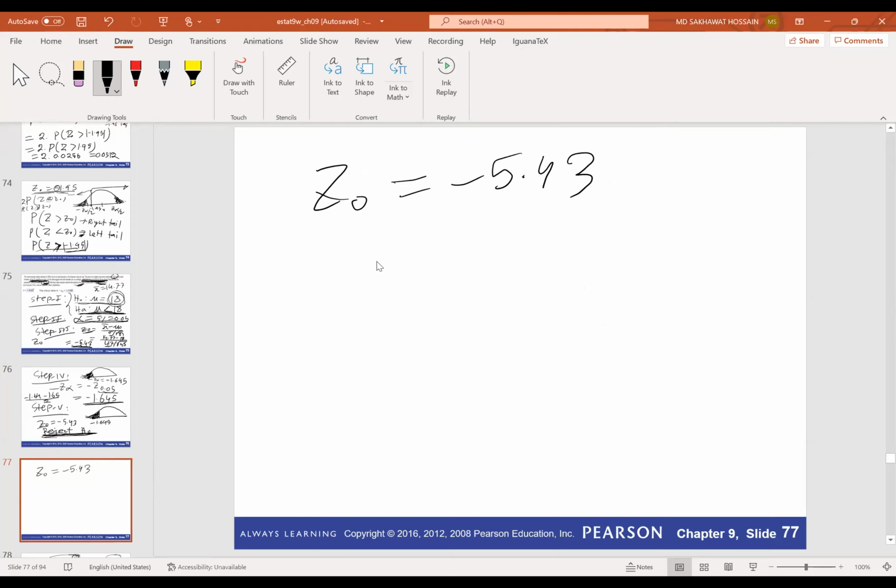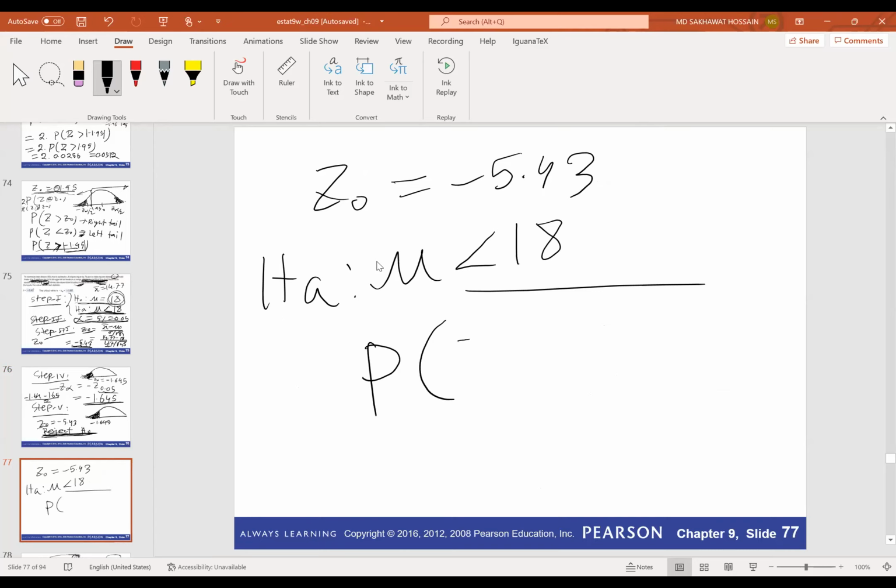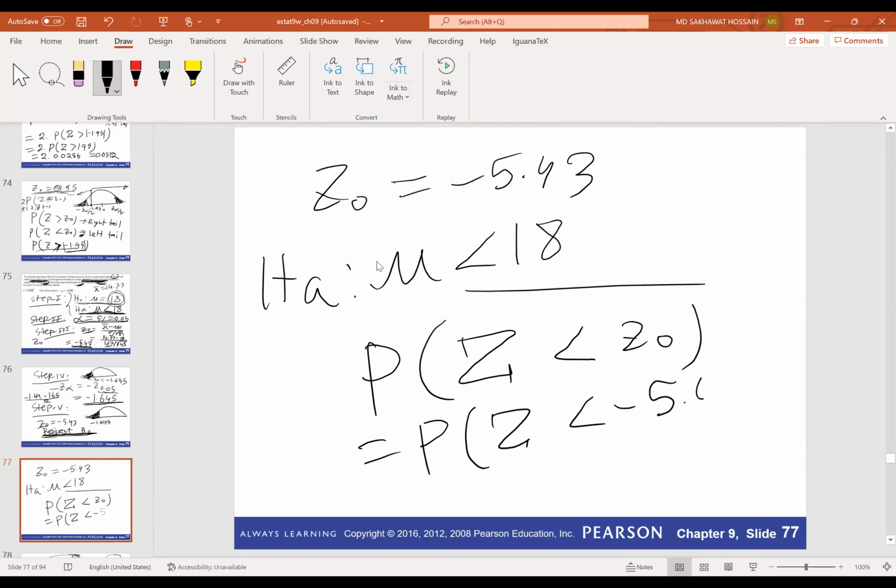This is our test statistic. And you also know the tail of the test. This is mu less than 18, so this is a left tail test, right? So the p-value will be, in this case, the probability of Z less than Z0, which means the probability of Z less than negative 5.43.